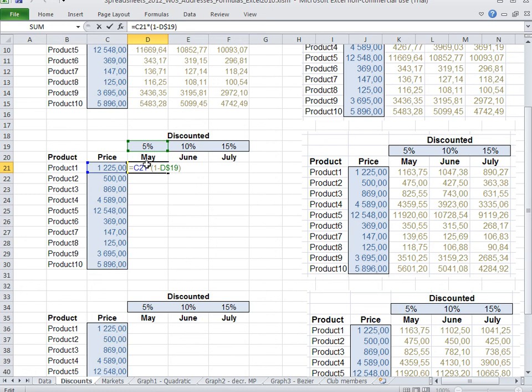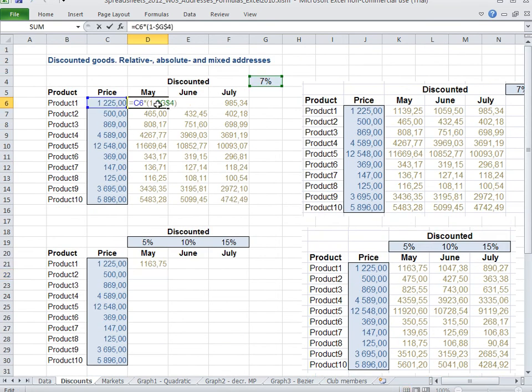It always takes the one on the left side, and that's why it's relative. The one we used up here, the 7%, this was called an absolute address. This is absolutely always the same. It's always fixed there. And now this one, the one that will be moving left and right to June and July, but not down with subsequent products, is called a mixed address.